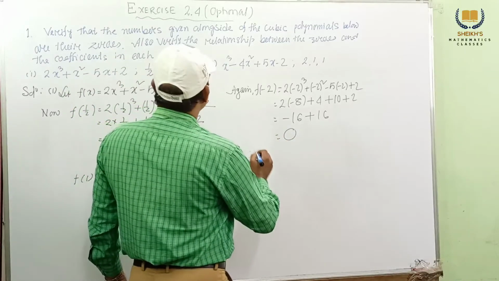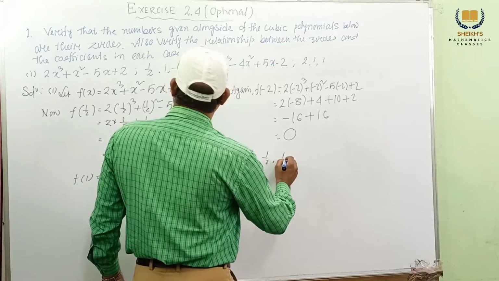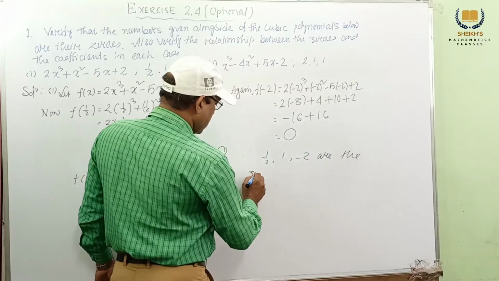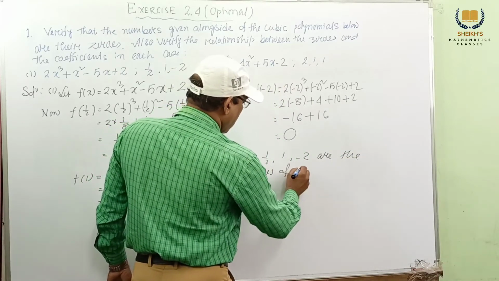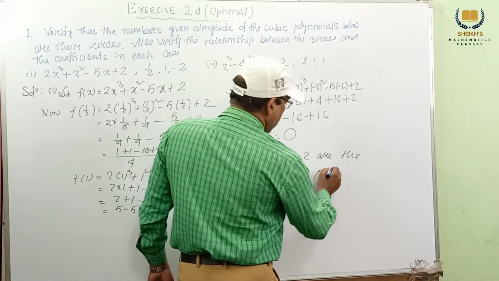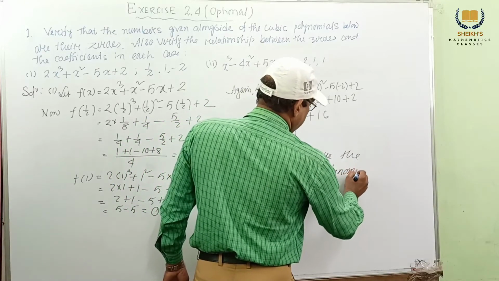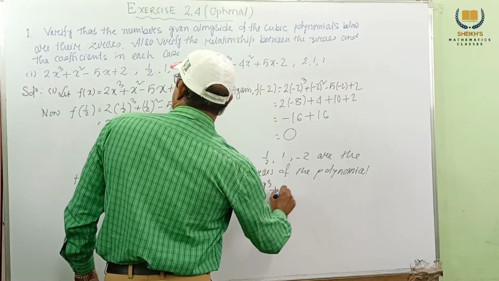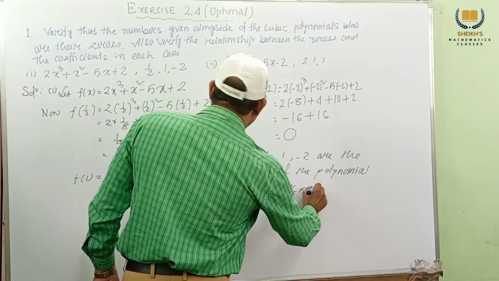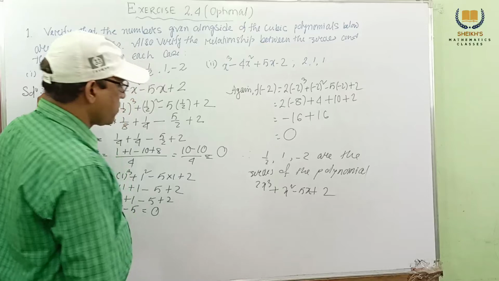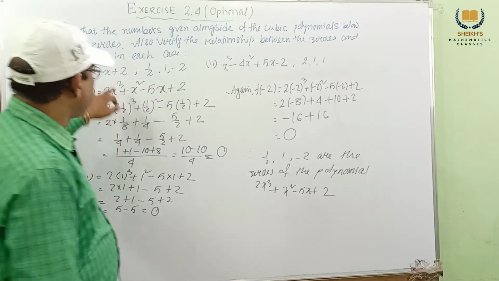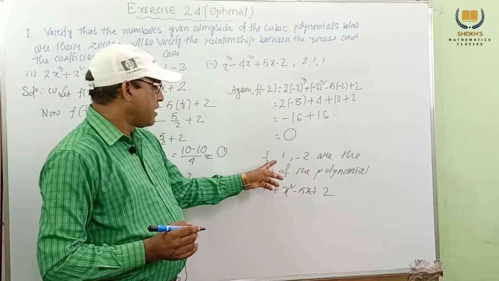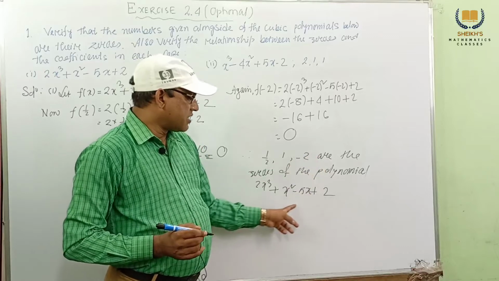Therefore, 1 by 2, 1, minus 2 are the zeros of the polynomial 2x cube plus x square minus 5x plus 2. So these are the zeros of the polynomial: 1 by 2, 1, minus 2.